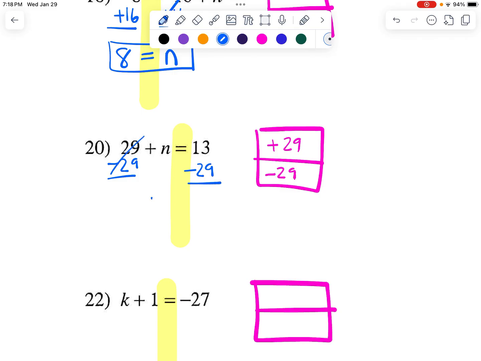These cancel, leaving us 0. And now I have 13 minus 29. Let's karate chop that to 13 plus negative 29. You have more negative. If you subtract 29 and 13 from each other, you would get 16. So that would be negative 16.